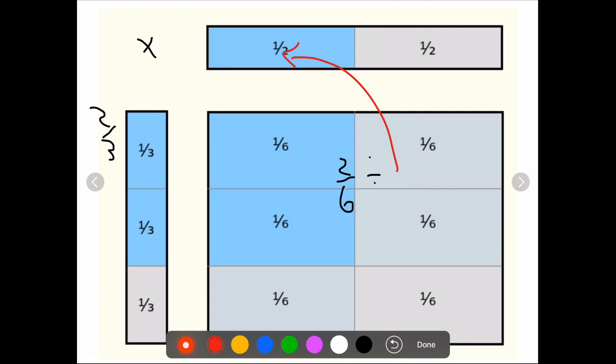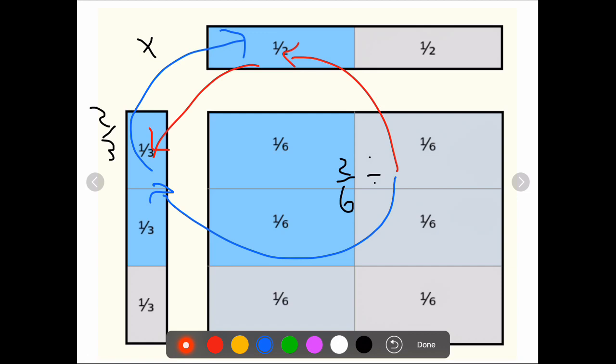What does that give us? That gives us 2/3. Or we can say 2/6 divided by 2/3. What does that give us? 1/2. So we can use the inverse method, or we can think what times this, and use the inverse that way.